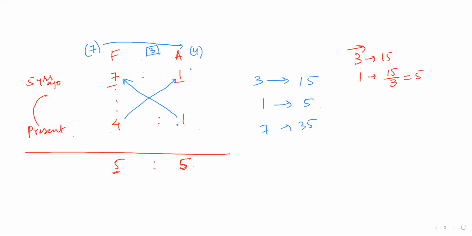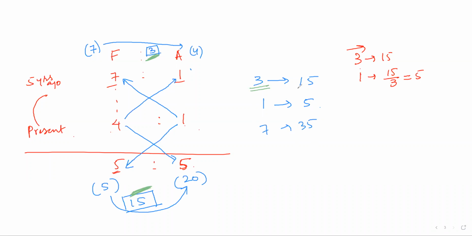This part is done. Now the same rule applies on this last one. Here 1 into 5 is 5. 4 into 5 is 20. Now find the difference here. It is 15. This 3 is equivalent with 15.